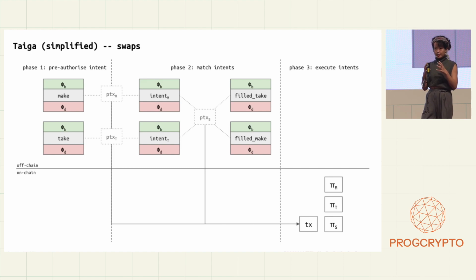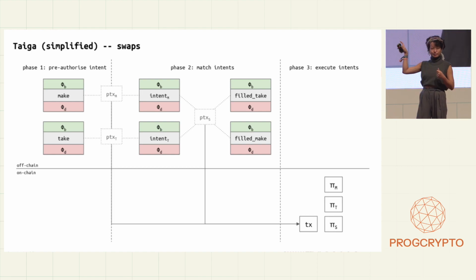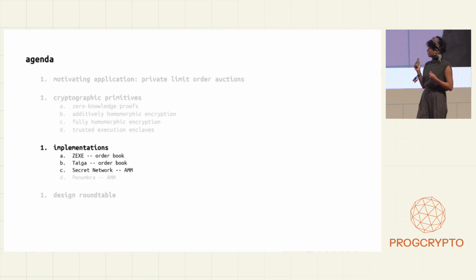In that case, you're not trusting a single solver anymore. You're trusting the MPC nodes in the Renegade network. And yeah, this is basically weakening your trust assumption. I don't have a slide for that, but it's a very similar idea, except with better trust assumptions.